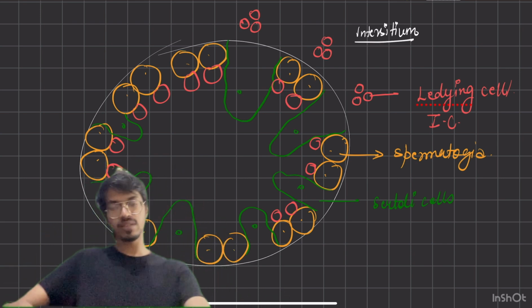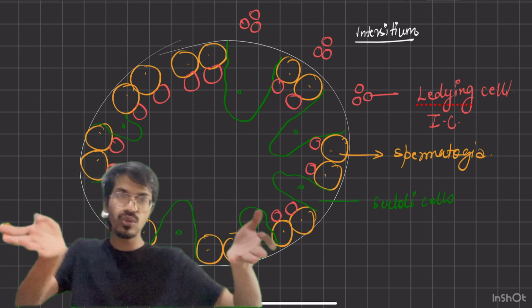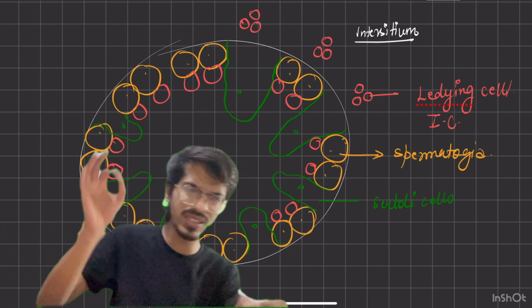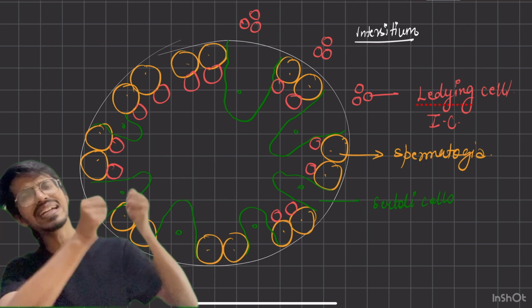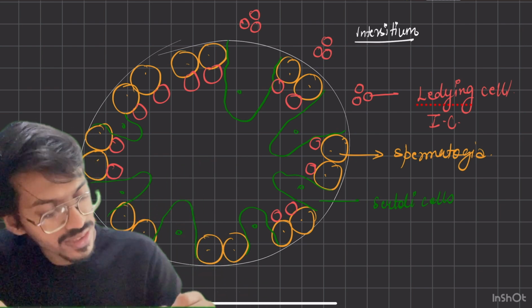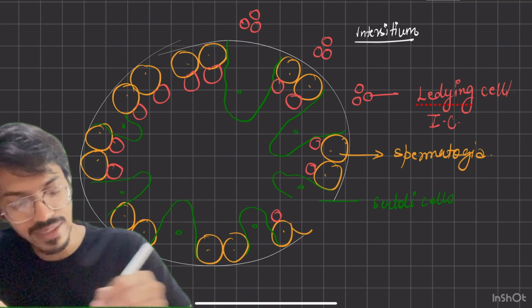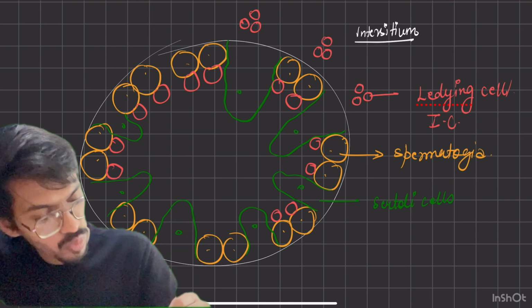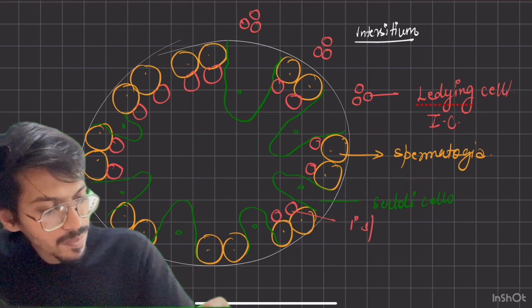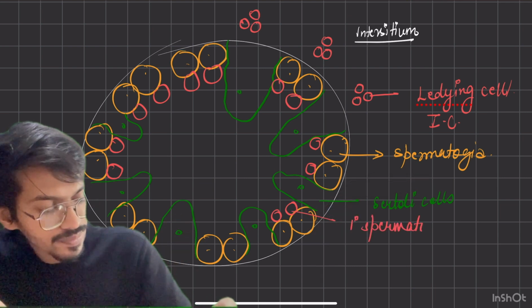I have not made this in the diagram that well, but you have to make it properly. In most diagrams these cells are tightly packed. The second, this red color cell that I have made, is your primary spermatocyte.